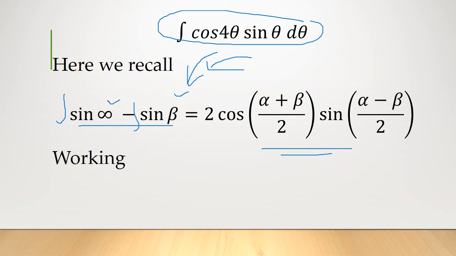Okay, and lastly, I want to check on this one, which is another function of a product. If you look at this one here, I'm having the integral of cosine 4 theta sine theta d theta. So what I need to do here is to come up with this, remember this: sine alpha sine beta is the same as this.